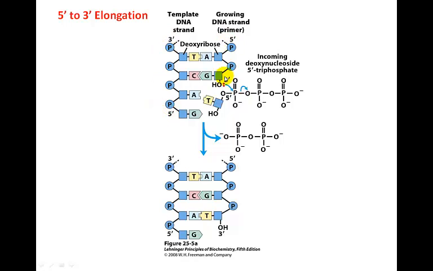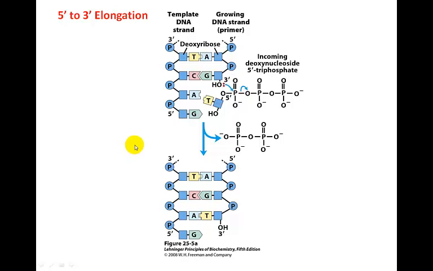Here's the 5' to 3' direction, and this 5' to 3' has a free 3' OH, and the incoming deoxynucleotide, you have recognition between the A and the T, so this is your base pairing recognition, and the OH group attacks this phosphate, and we release pyrophosphate, and that gives us a 5' to 3' strand that's one nucleotide longer. If you notice, this was 2 nucleotides long, and now it's 3 nucleotides long.